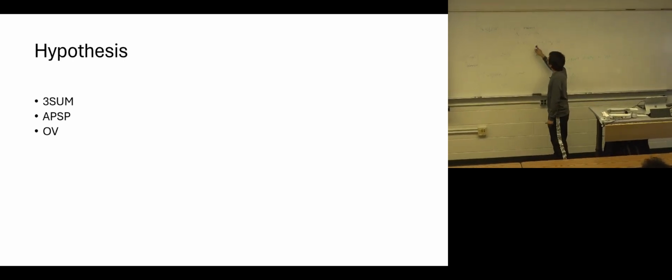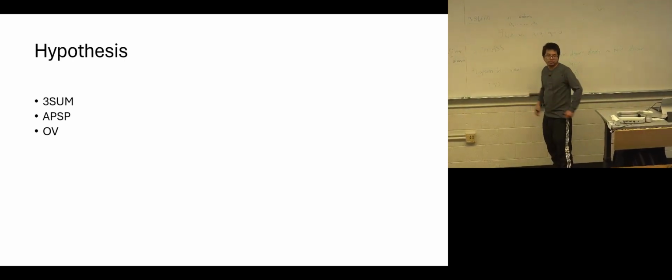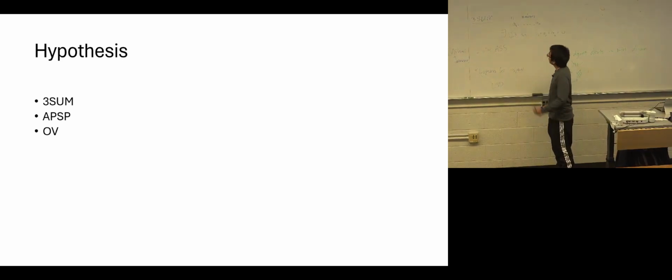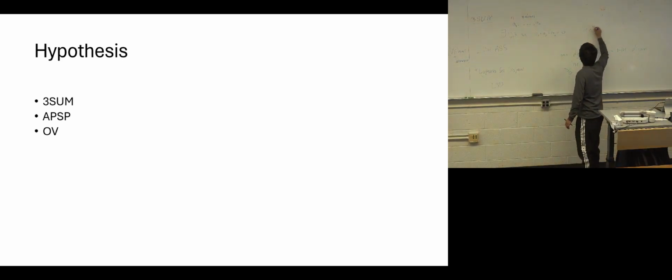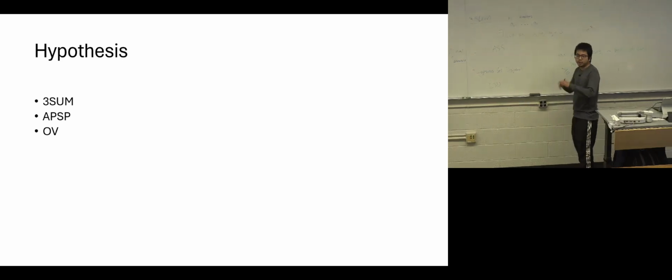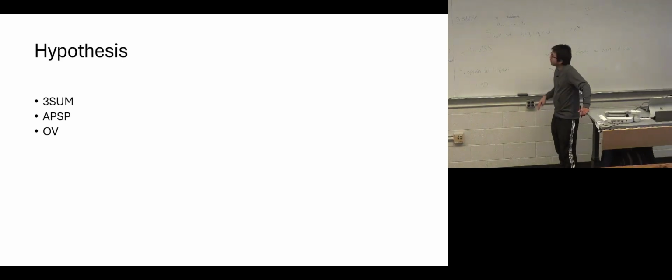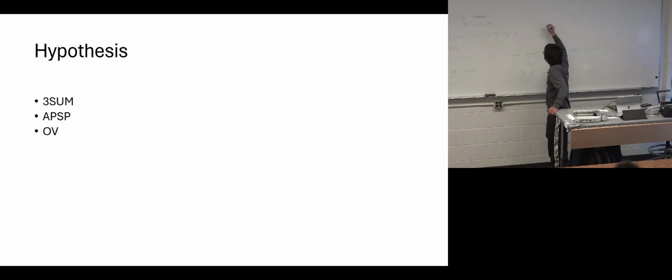Like the sum of the 3 things is 0. The trivial algorithm would take n cubed time, just enumerating the triples. You can do something in n squared time, which is quite simple actually.